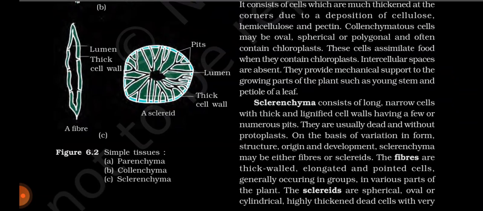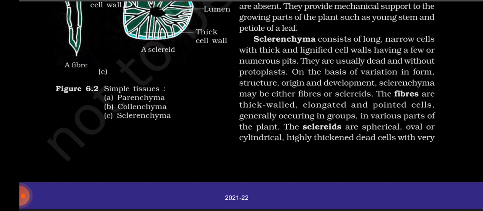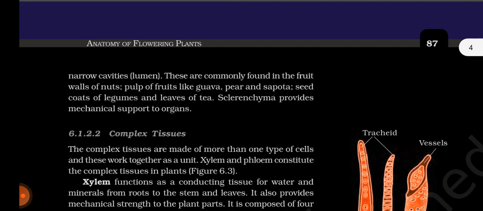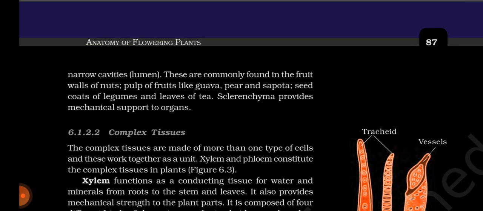Fibers are thick-walled, elongated, pointed cells, generally occurring in groups in various parts of plants. Sclereids are spherical, oval or cylindrical, highly thickened dead cells with very narrow lumen or cavity. These are commonly found in fruit wall of nuts, pulp of fruits like guava, pear, sapota, seed coats of legumes, and leaves of tea. Sclerenchyma provides mechanical support to the organs.